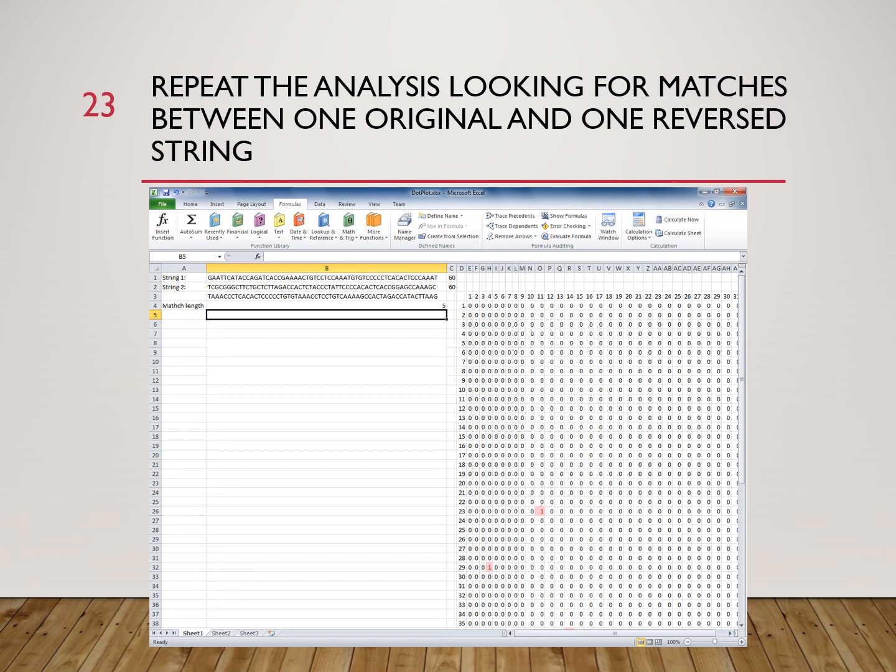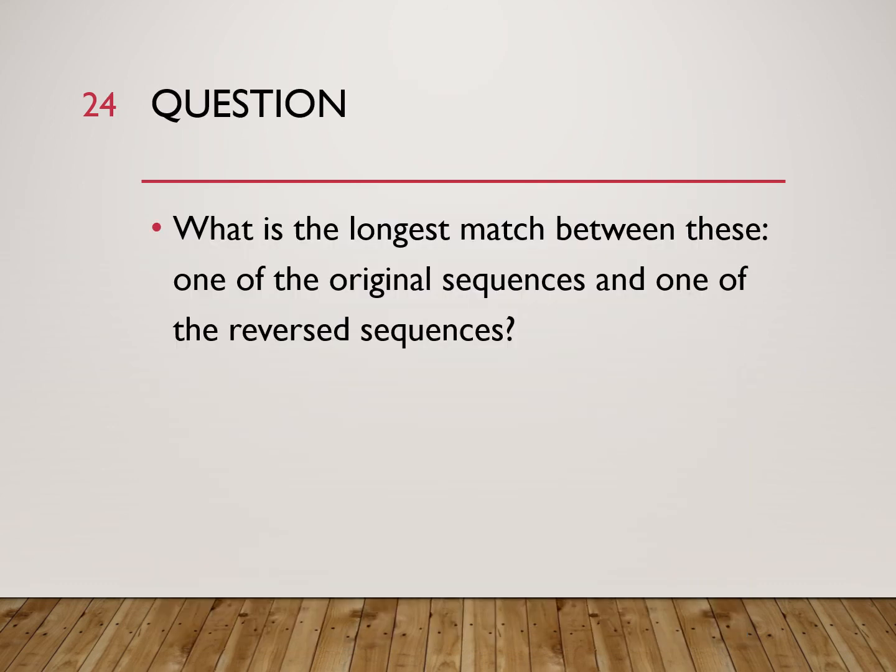Now we just change the first sequence reference from $B$1 to $B$3, which is the reversed version of the first sequence. Then we play the same game again. We take our match length in B4, start at 1 and work our way up, and see what the long matches are between the second sequence and the reversed first sequence.